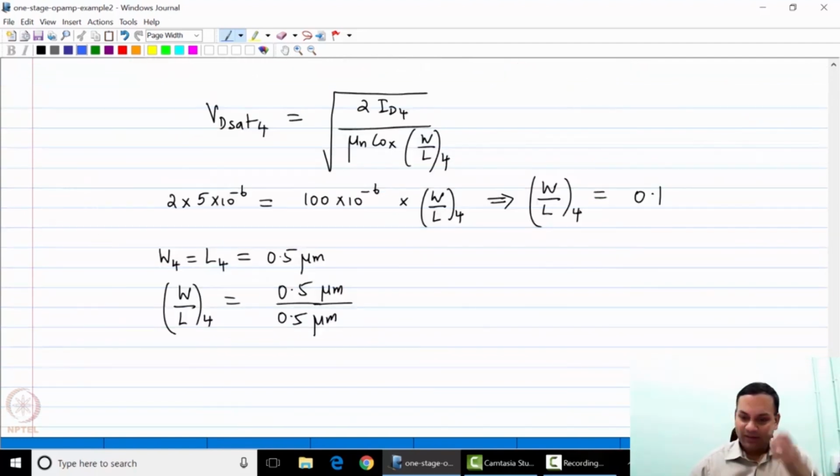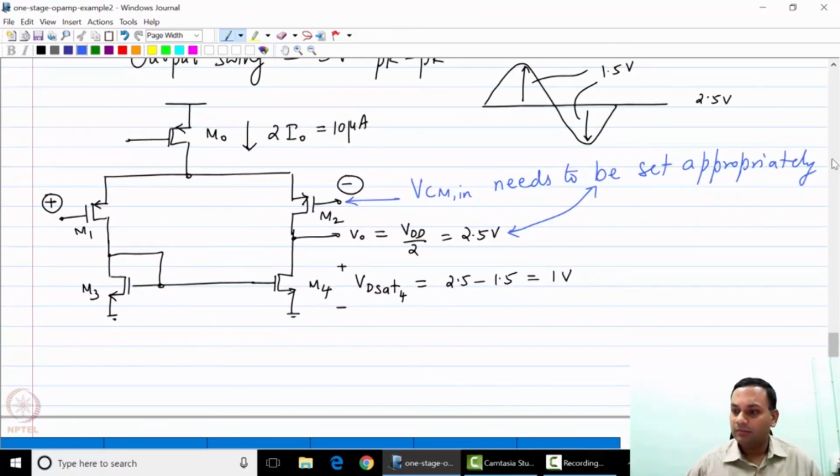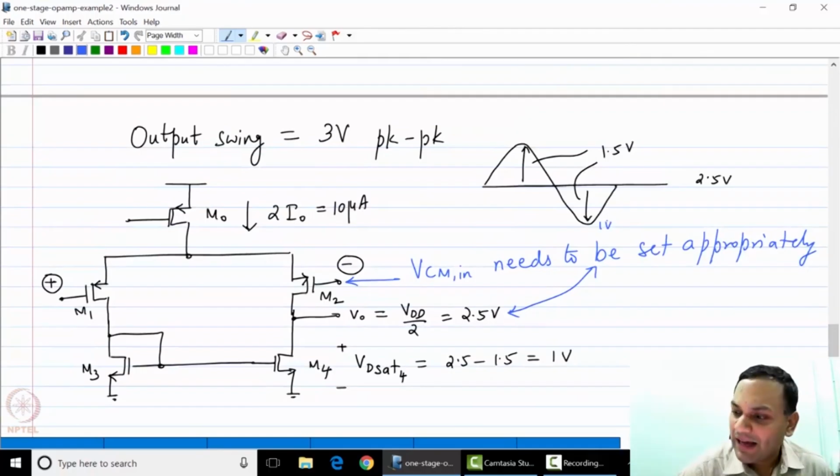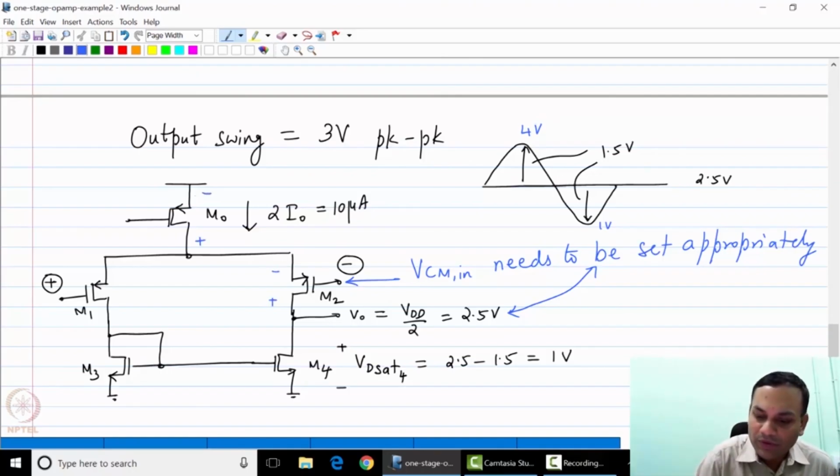And as we have seen, just like we said that the minimum output voltage is 1 volt, the maximum output voltage is 4 volts, in which case the common mode at the input needs to be set such that the sum of these two voltages, with the other polarity of course because we have a PMOS op-amp, at the edge of the triode regions should be equal to 1 volt. Let us quickly check if that is true.